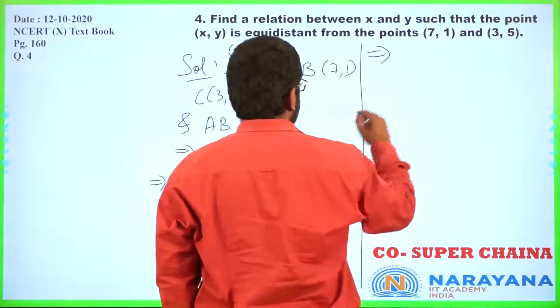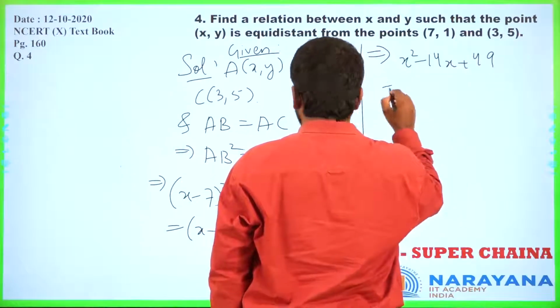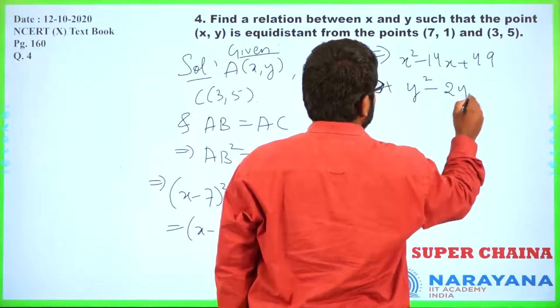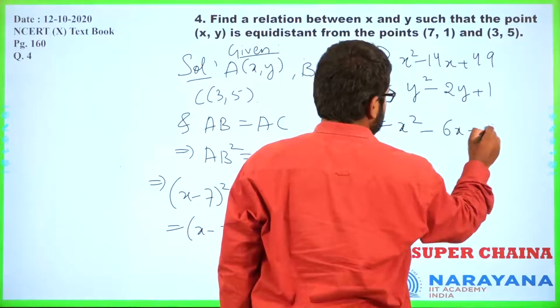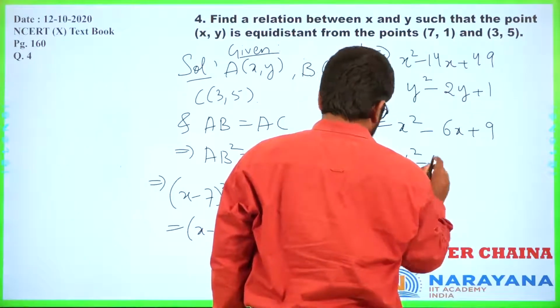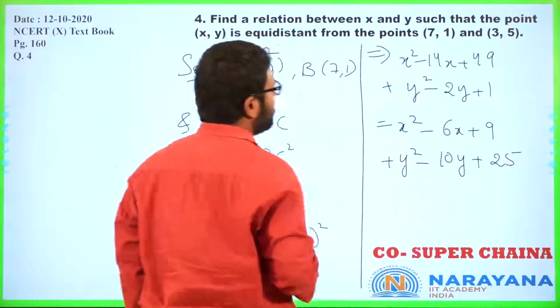Okay. So from here we will have x square minus 14x plus 49 plus y square minus 2y plus 1 equal to x square minus 6x plus 9 plus y square minus 10y plus 25, right?